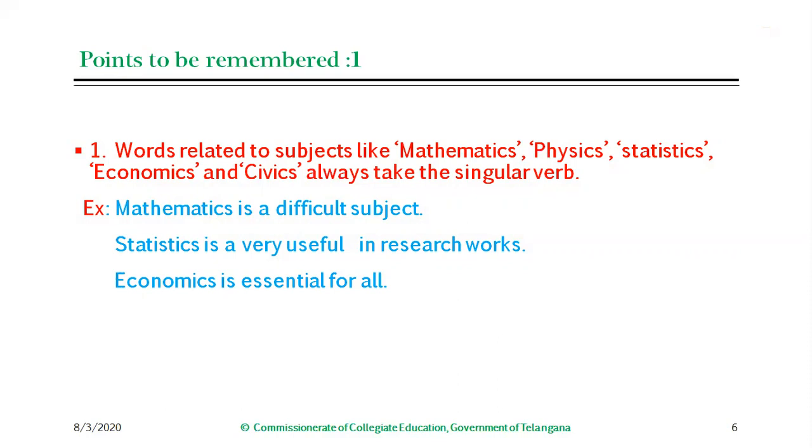Economics is, physics is, civics is, mathematics is, statistics is. Here, all the subjects like mathematics, physics, statistics, economics, and civics are taken as singular subjects. So we have to use only the singular verb in all such cases.